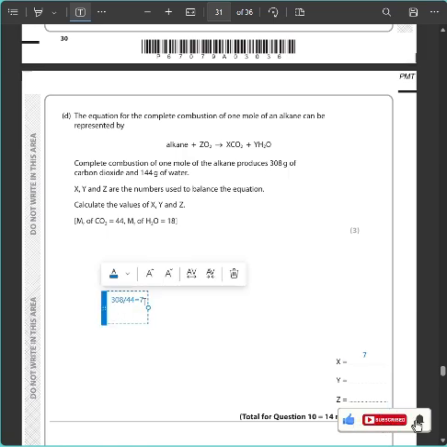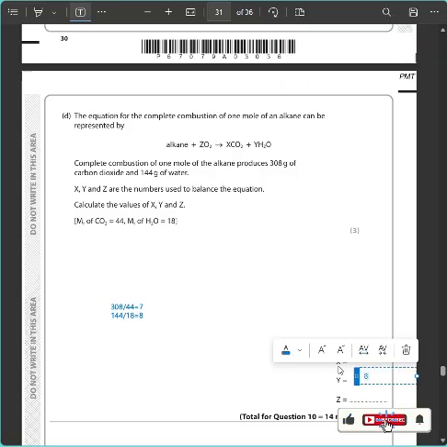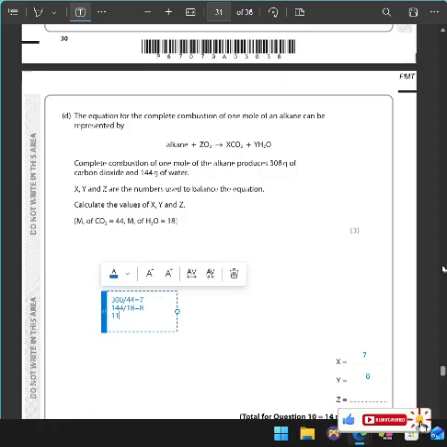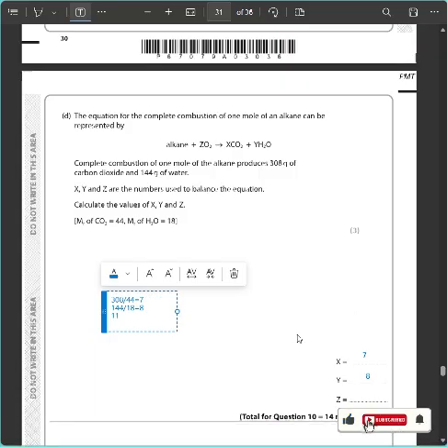And then for finding Y, we will divide 144 by 18, and the answer will be 8. And for the last one, finding Z, we should balance the numbers, and it will be 11. Or we can find it in another way.